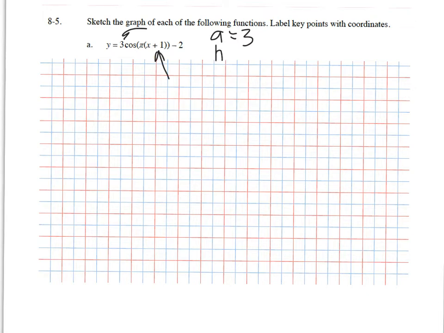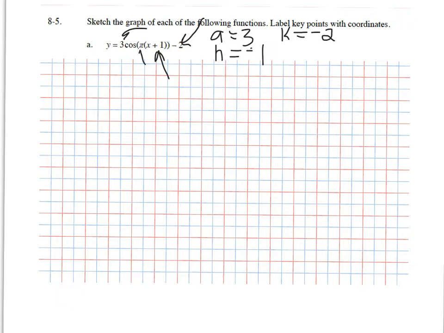And so H equals negative 1, because remember, it's x minus h. The k value then equals negative 2 because we're shifting down 2. So that's your vertical shift.